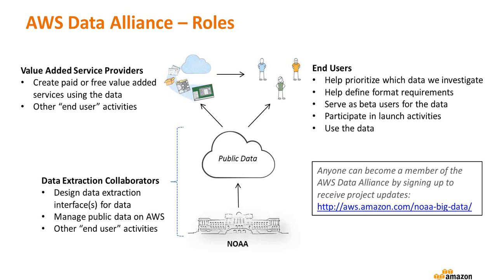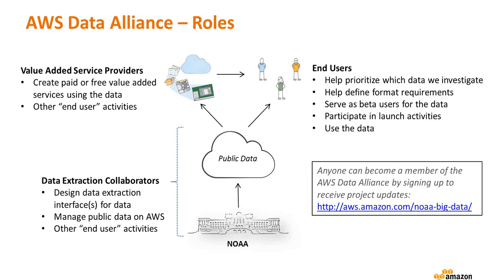Now, one last thing, for the end users and the value-added service providers, as I said before, this can be anybody. There's no special terms you have to sign up for. We just want you to express your interest, and then we'll know to engage you as the program evolves, as this project evolves.